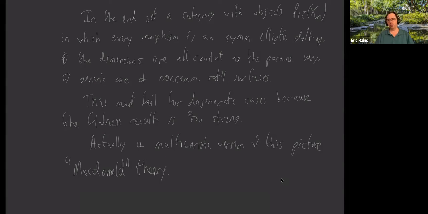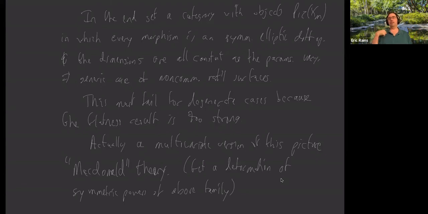And one can construct operators that act nicely on those functions by generalizing the above construction in a particular way. So you basically get a deformation of the symmetric powers of the above family. So this is again elliptic. And again, I don't know how to do this for degenerate cases because again, the flatness result is too strong.